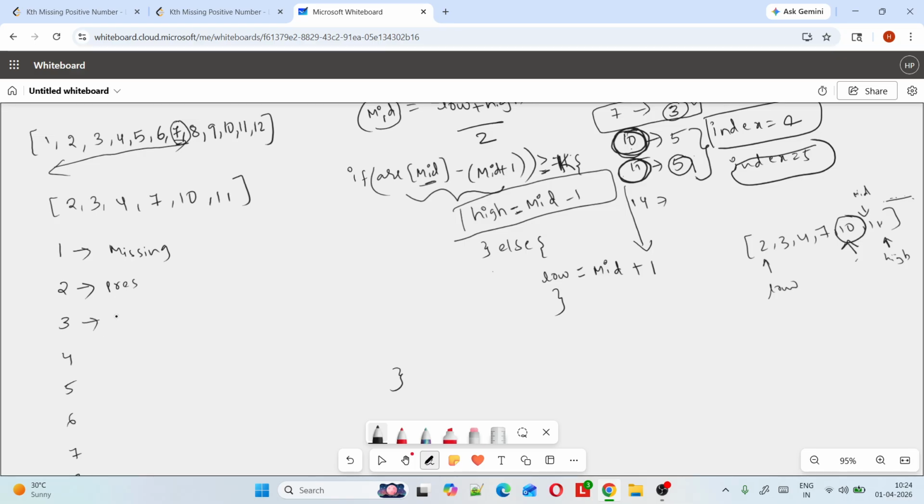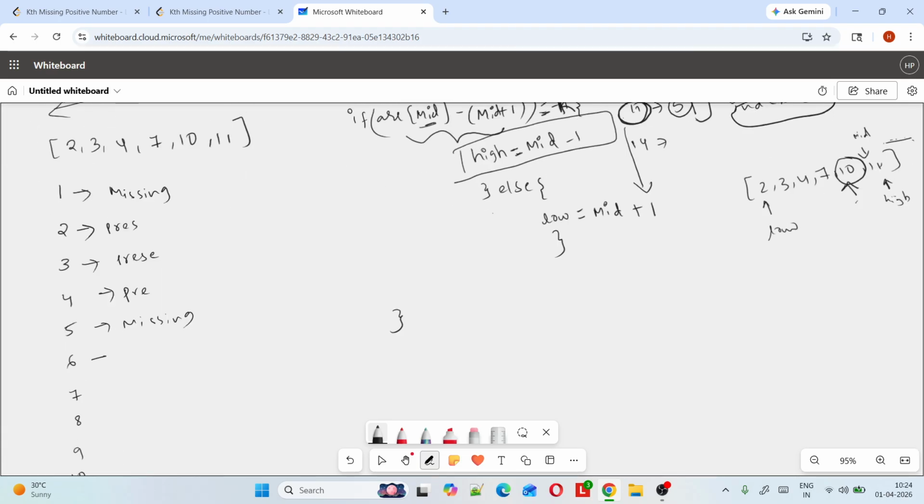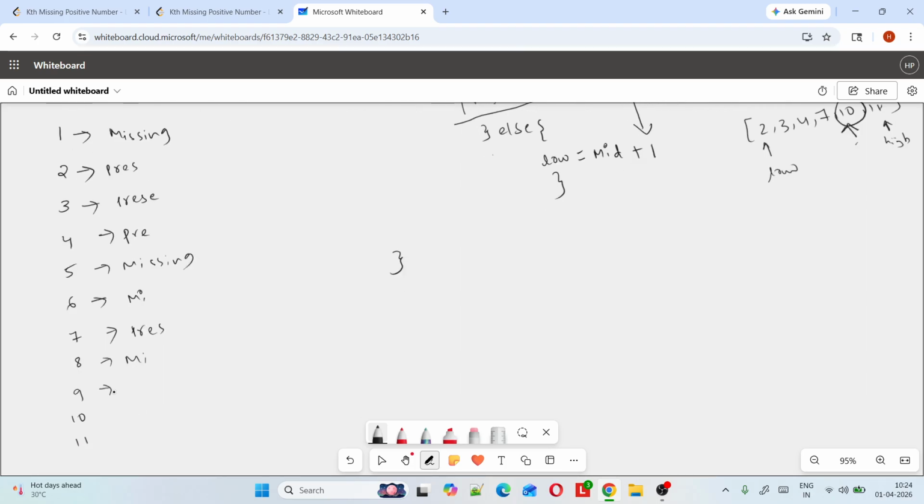This 3 is also present. 4 is present, but 5 is missing, and 6 is also missing, and 7 is present, 8 missing, 9 is also missing, 10 is present, and this is also present.